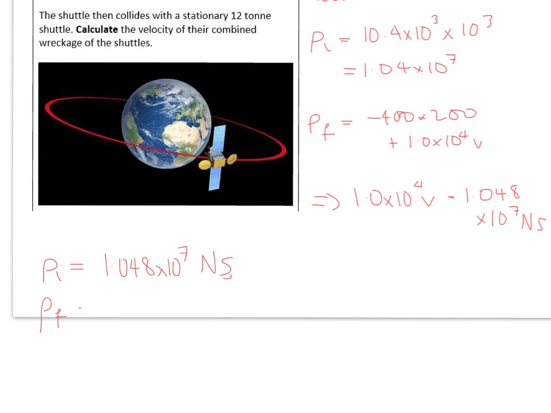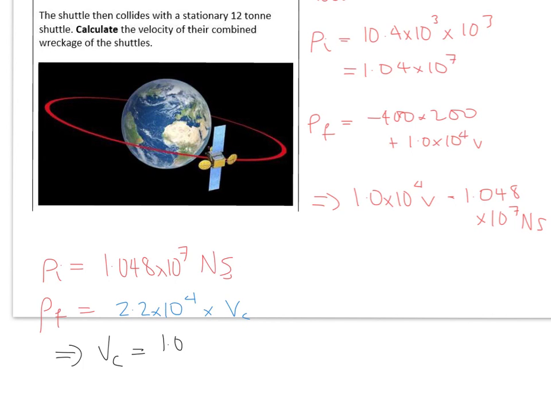The final momentum is going to be the sum of the two masses, so 2.2 times 10 to the 4. That's the 12-ton shuttle plus the 10-ton shuttle, and it's going to be multiplied by their combined velocity.